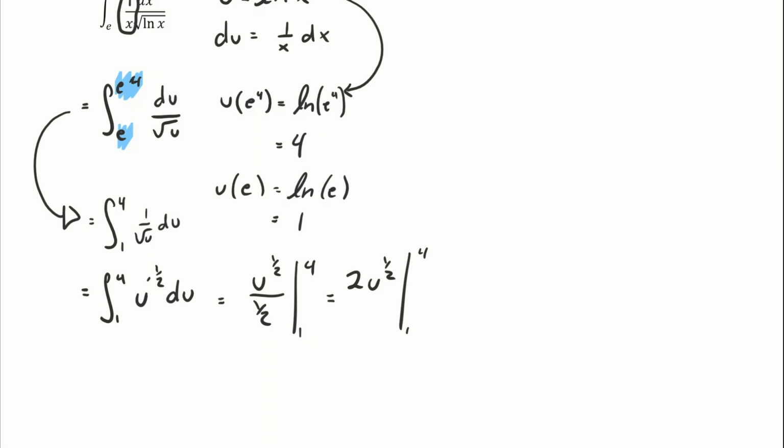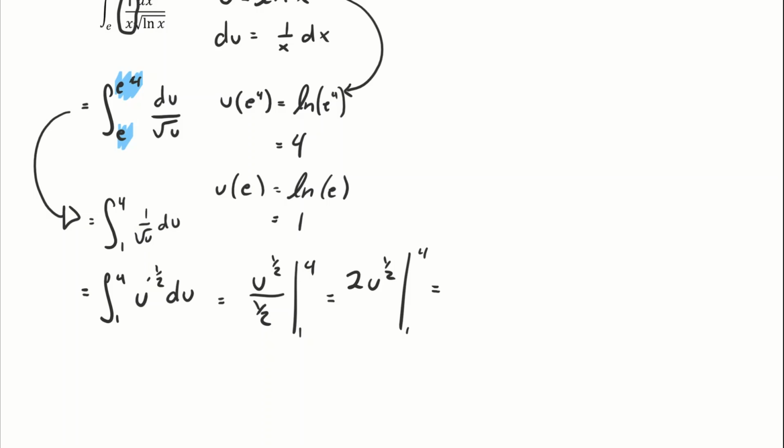And this is where I was saying before, I could leave it as e to the fourth to e, if I would plug in what u equals and keep it in terms of x. Because x goes from e to e to the fourth, but u goes from 1 to 4. All right, so we're going to keep it this way because it works out really nicely, actually.